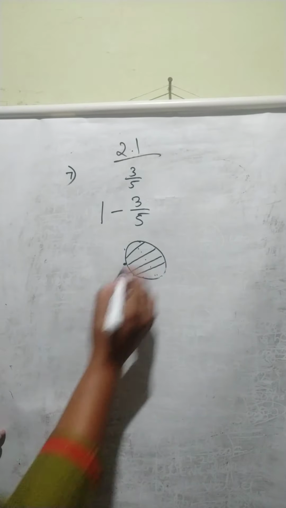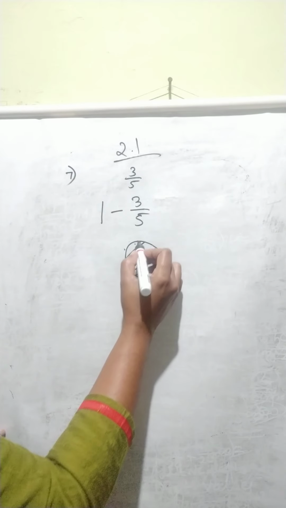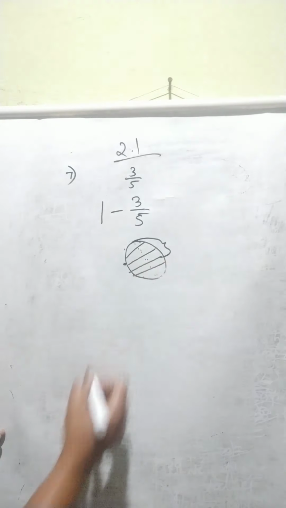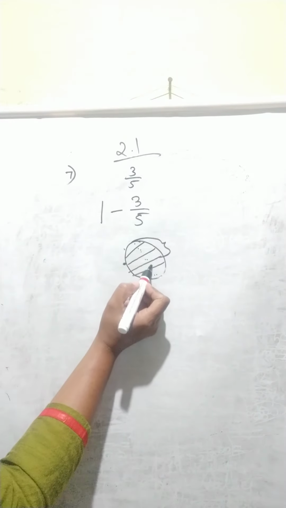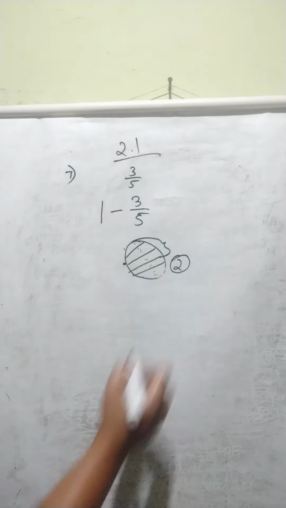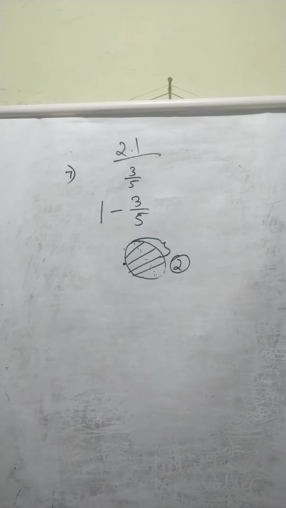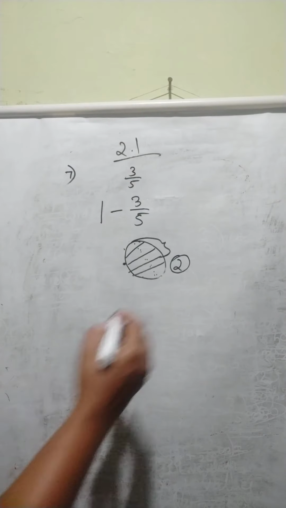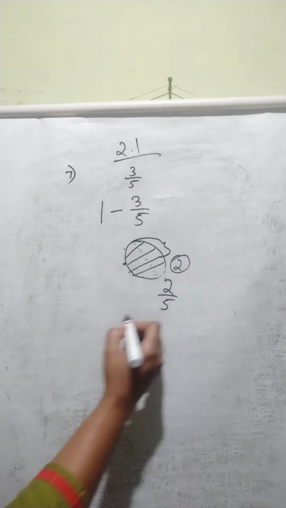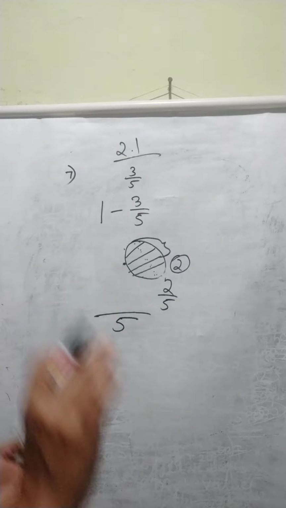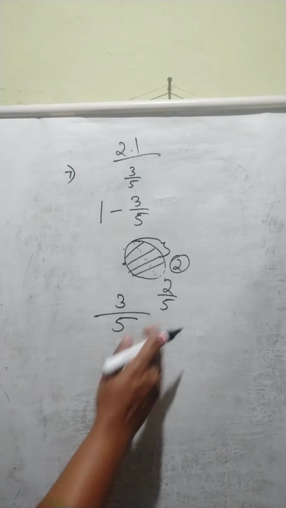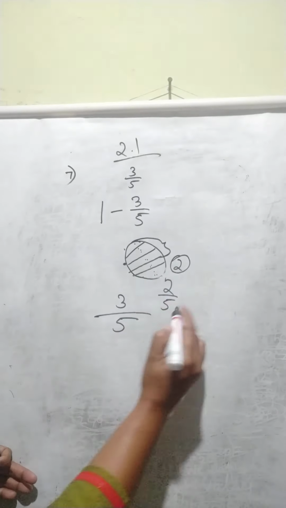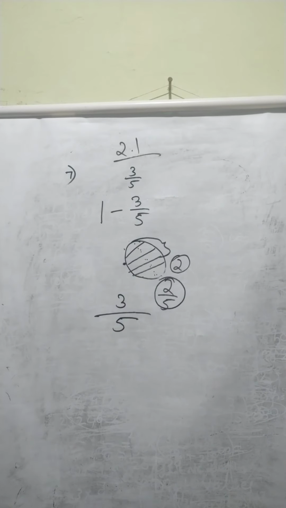Among these, 3, 1, 2, 3, this much part went to Ritu. And what is the remaining? 1, 2. So 2 parts are remaining. Total 5 pieces are there. Among these, Ritu got 3 and the remaining 2/5 went to Somu.